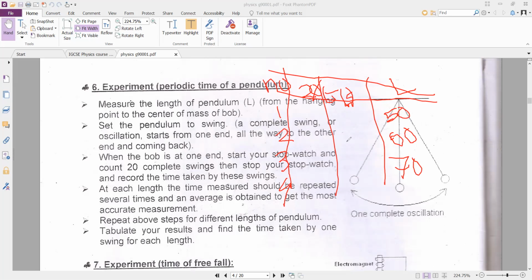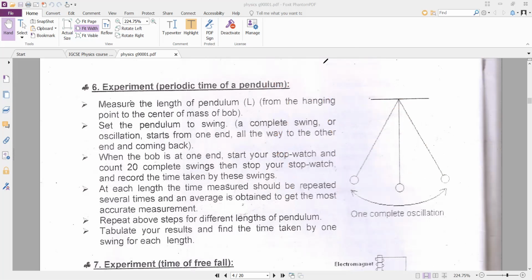Measure the time exactly at 50, at 60, and at 70. Repeat the steps for different lengths of the pendulum, to relate your results and find the time taken per swing for each one.